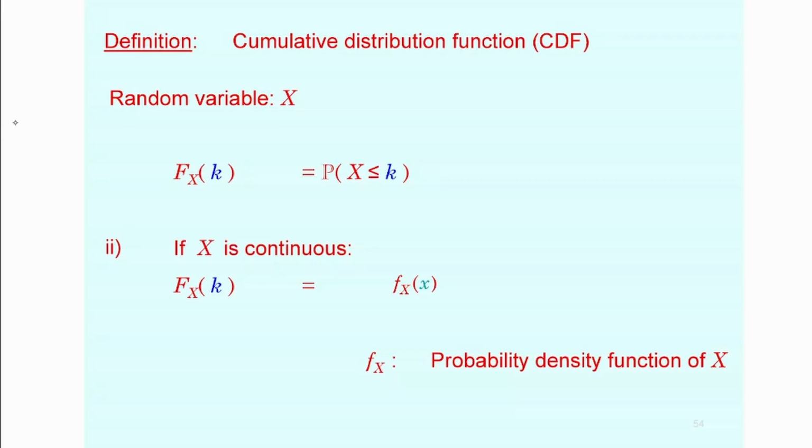So the cumulative distribution function at point k is going to be the integral of its density, where x is the integrand, the upper endpoint is k, and the lower endpoint is minus infinity in general.